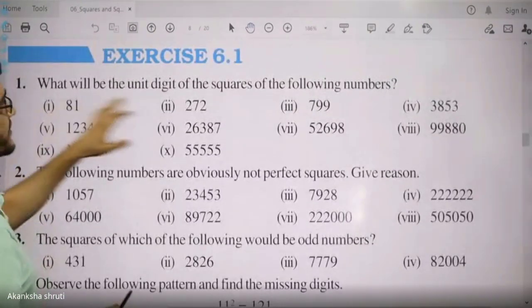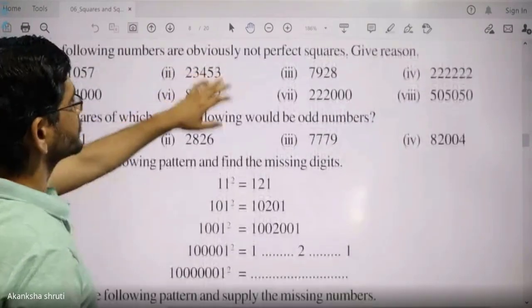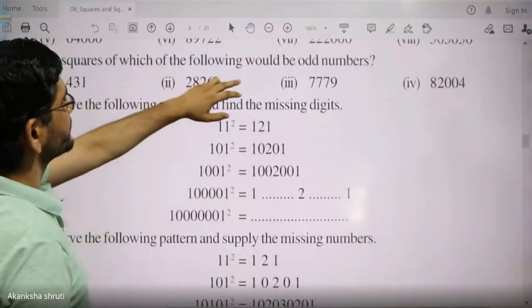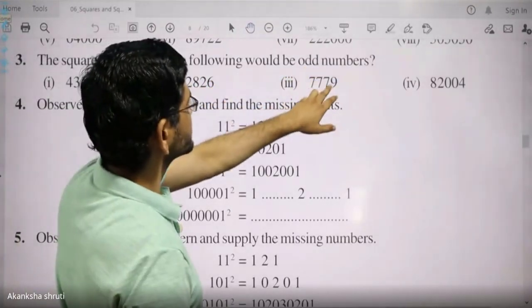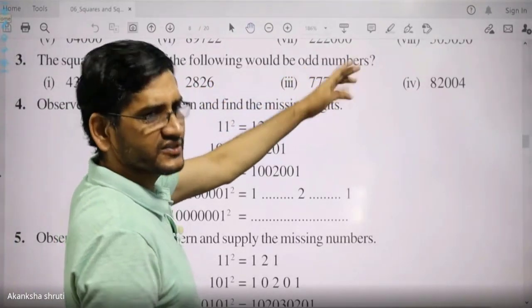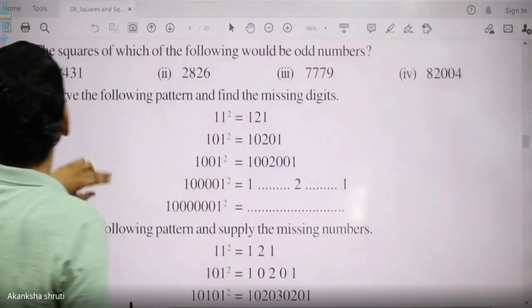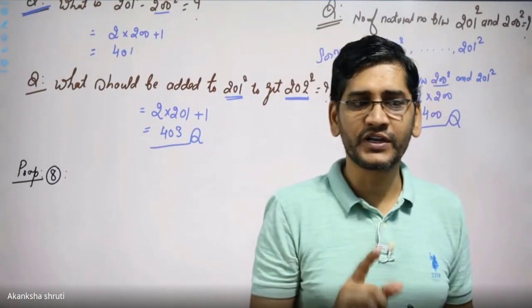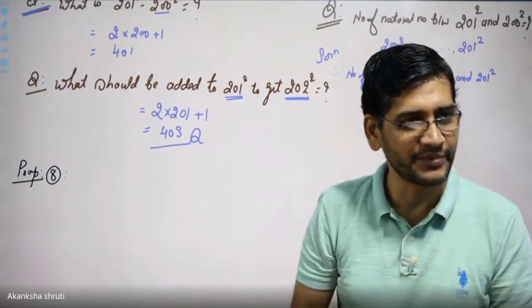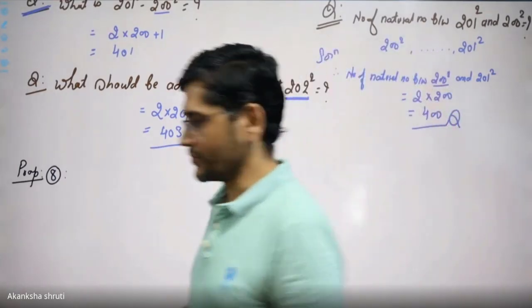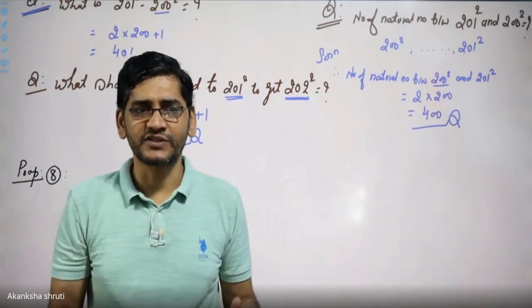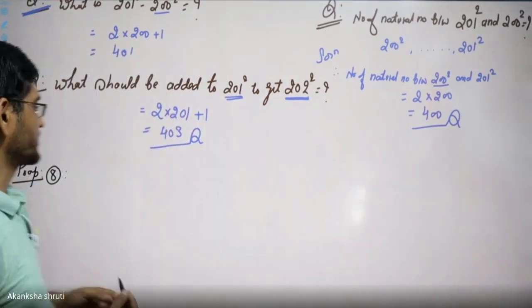The first question is already finished, and the second question is also finished. Last time I had explained: the square of which of the following would be an odd number. If the number itself is odd, its square is also odd. Student, property number 8 is regarding the properties of numbers that we have learned in chapter 1, like the product of numbers being closed, associative, and similar kinds of properties.